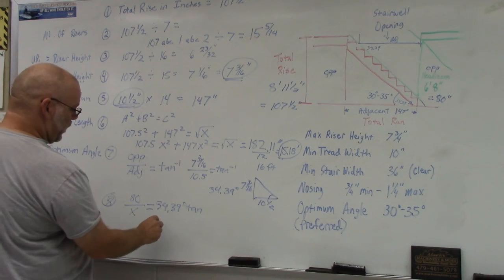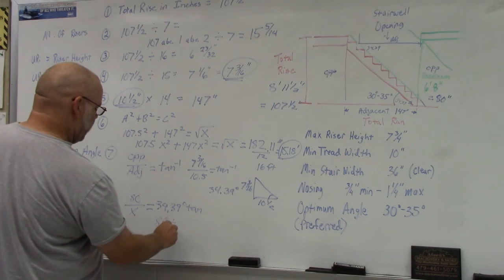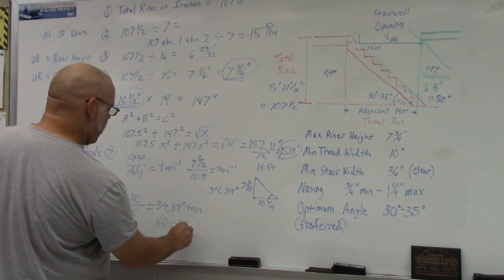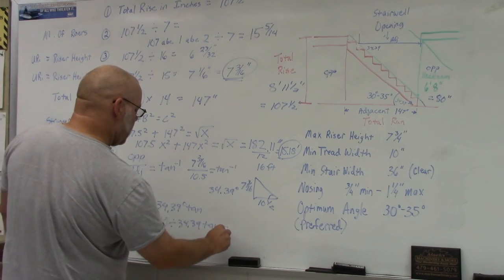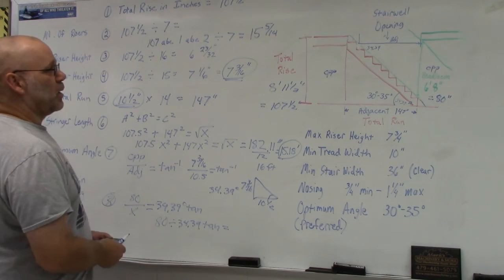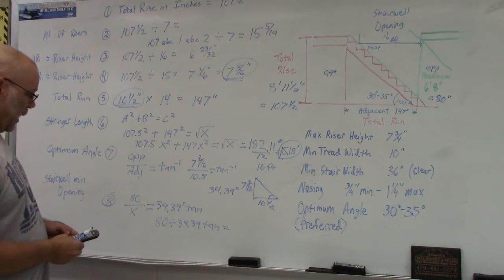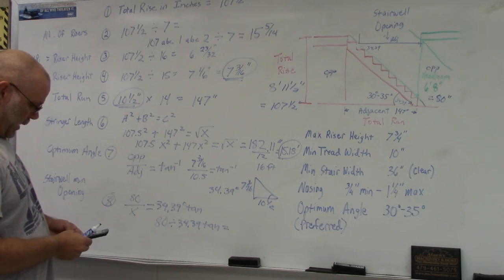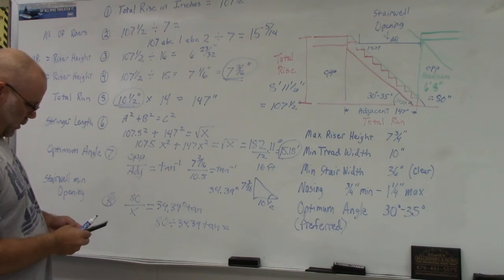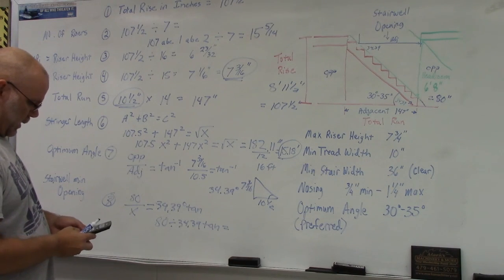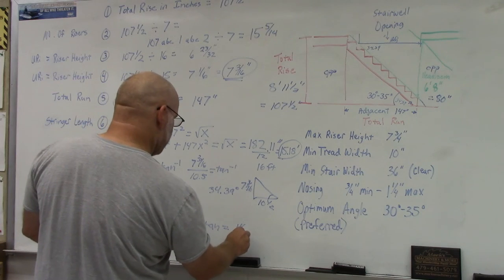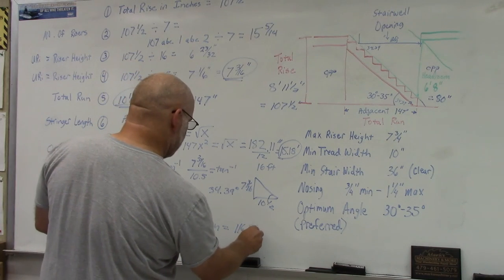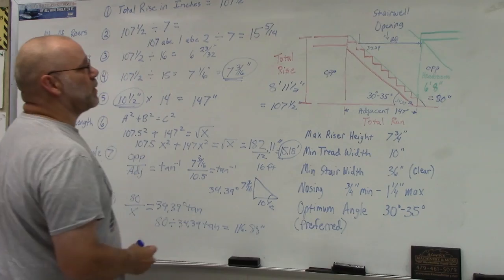So into your calculator you'll put 80 divided by 34.39 tangent equals, and it will give us the length of that opening. 80 divided by 34.39 tangent equals, and we get 116.88 inches. Okay?